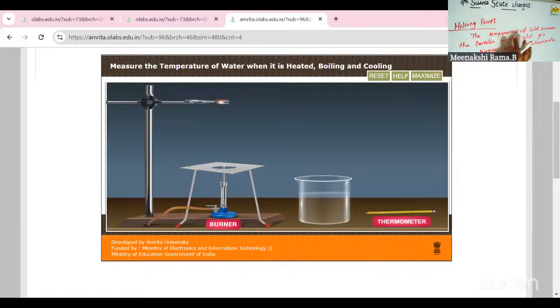When we heat the solid ice, the temperature of the solid increases, the particles gain kinetic energy and vibration, so the particles move more freely.